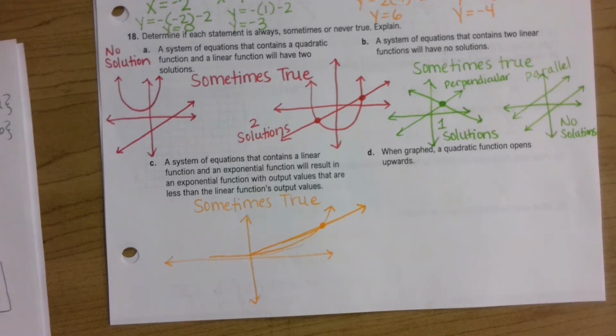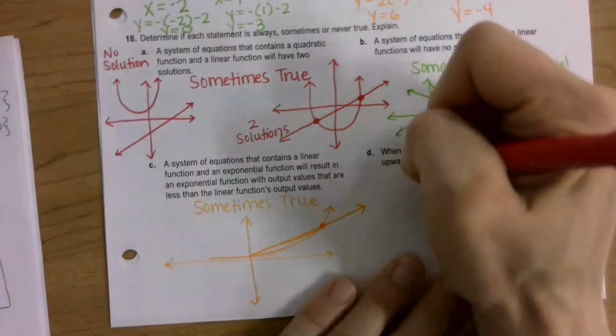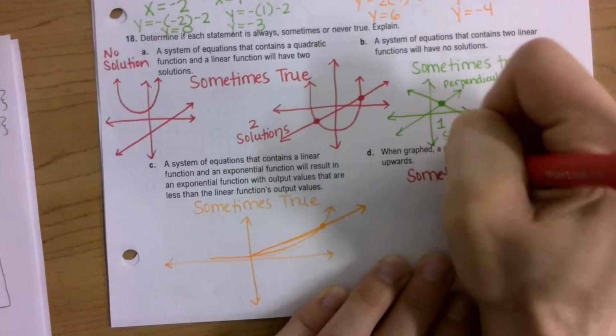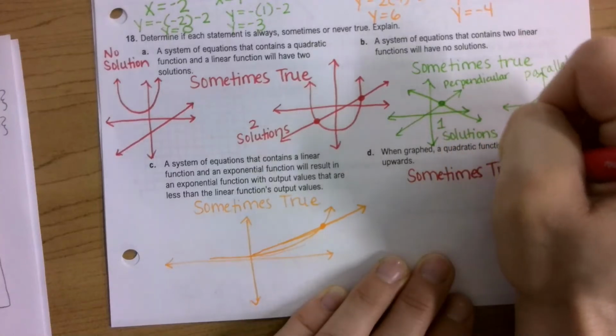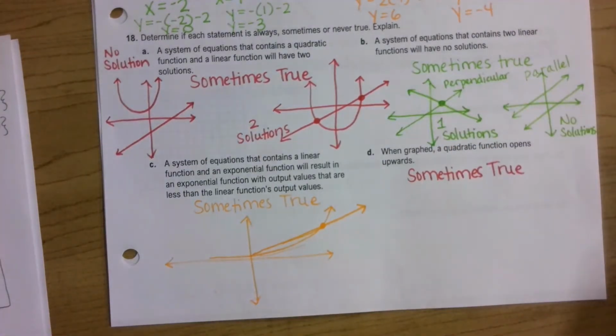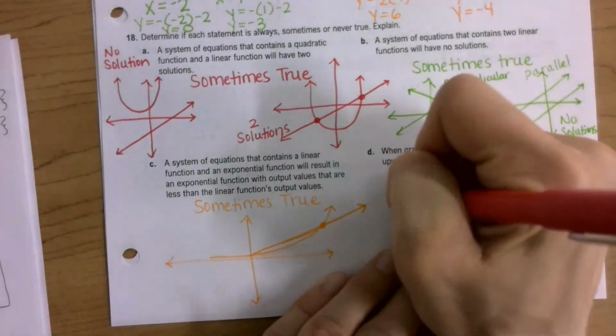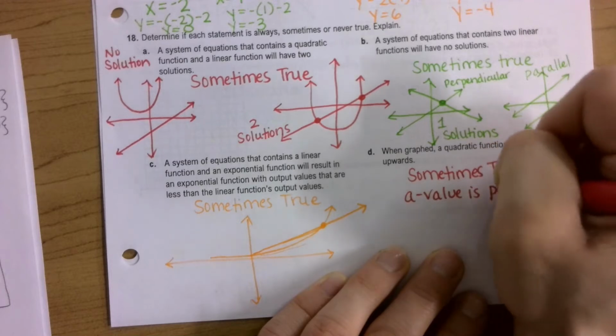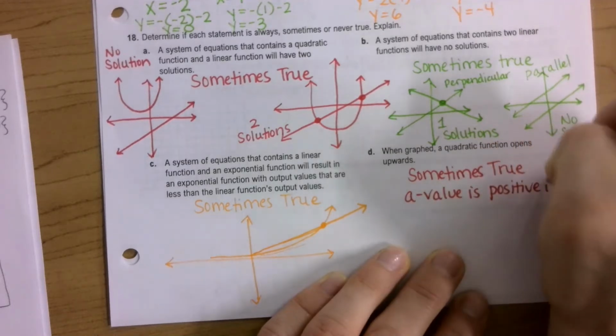D, when graphed, a quadratic function opens upward. That is also sometimes true because that's only if the a value is greater than 0. So if the a value is positive, it opens up.